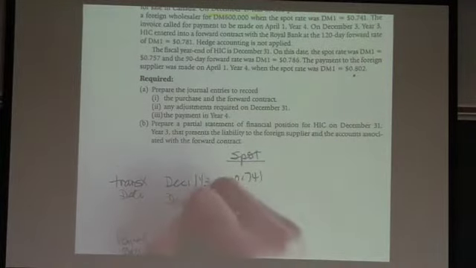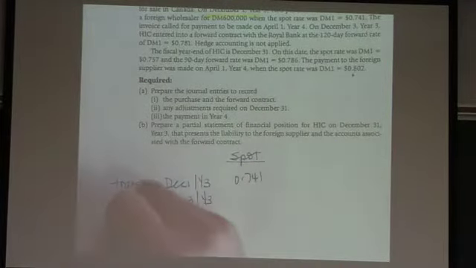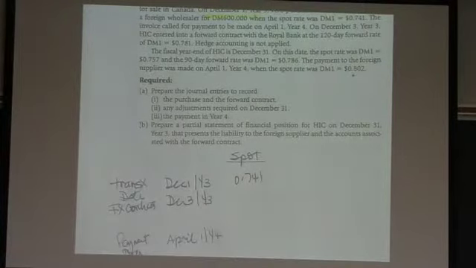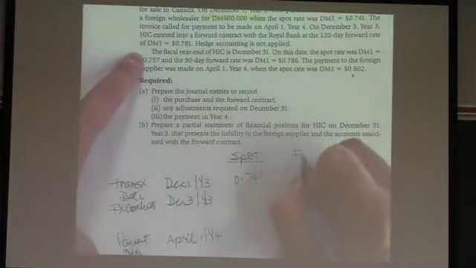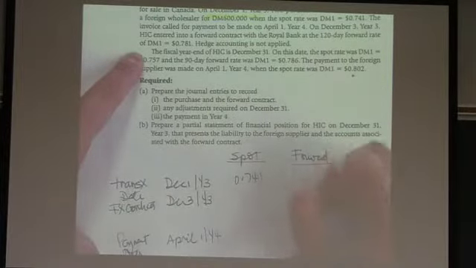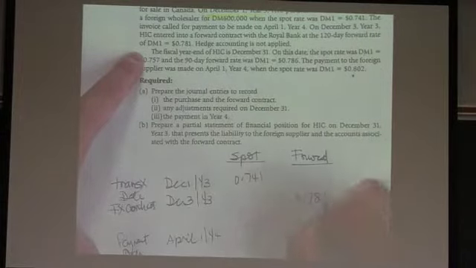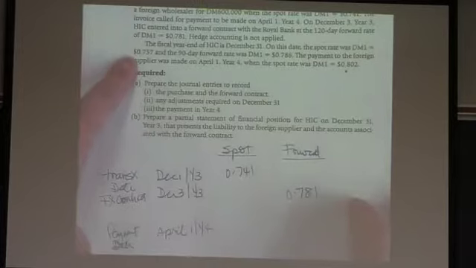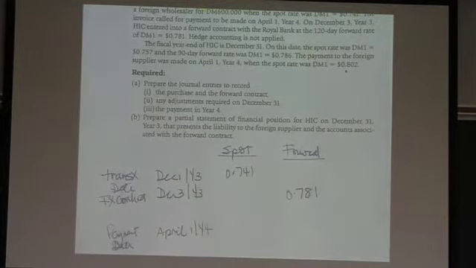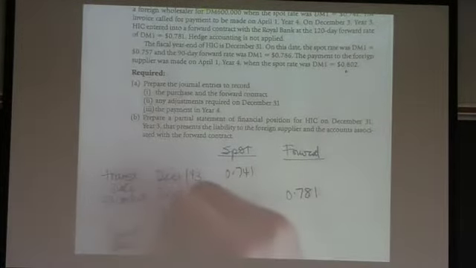So December 3rd, year 3 is the forward contract, and the forward rate is 0.781. Okay, hedge accounting is not applied. Fiscal year end, HIC, December 31st is the year end.